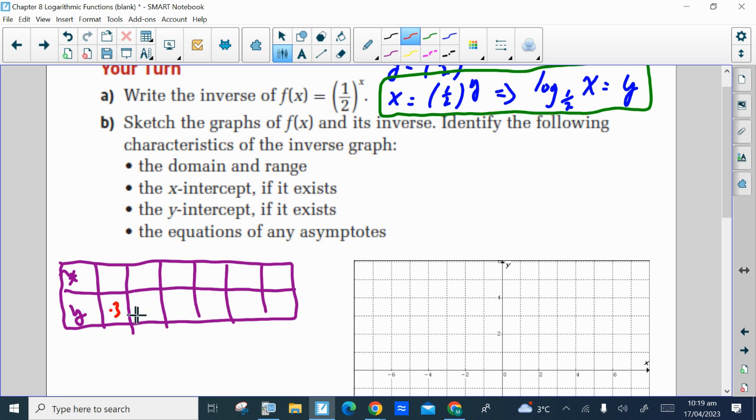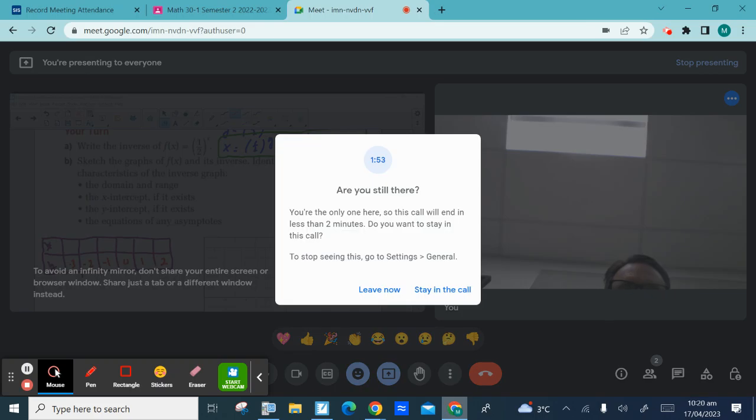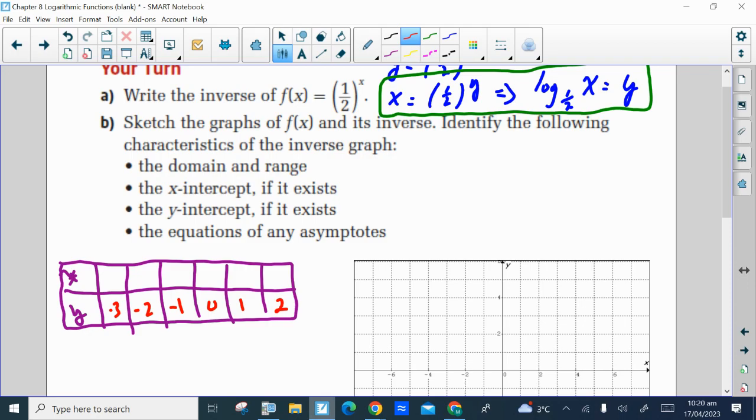So again, we'll start with values for y: -3, -2, -1, 0, 1, and 2. And you can use any values you want for y. These are just the values that I chose.